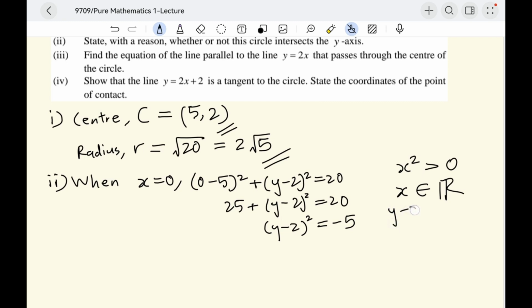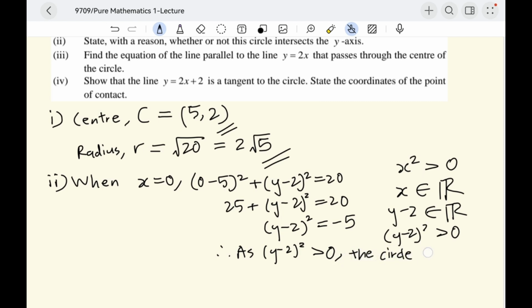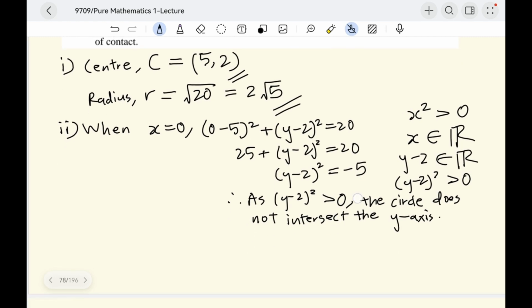Provided that y - 2 is a real number, its bracket square must be always positive. So it is impossible to make this value negative. So you can say that as (y - 2)² is always positive, the circle does not intersect the x-axis. I'm sorry, the y-axis. Okay, so that's the answer, which is simple and neat.